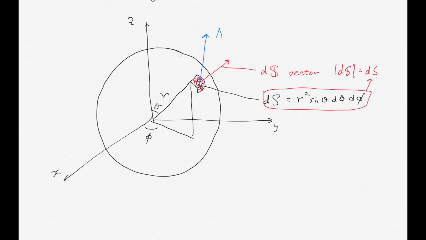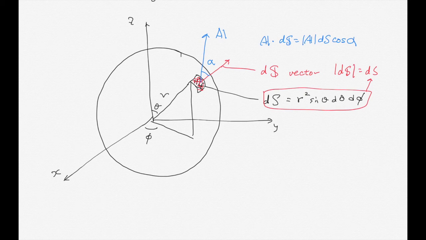So in this case, if you want to consider the surface integral of the vector quantity A, you should always take a scalar product. This angle is, for example, alpha. You can write the scalar product: A dot ds vector is magnitude of A times ds times cosine alpha.